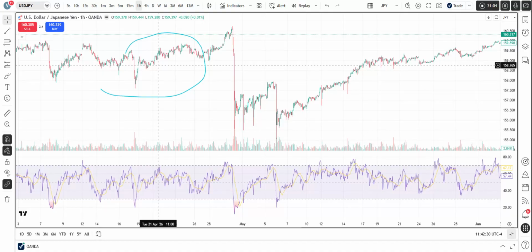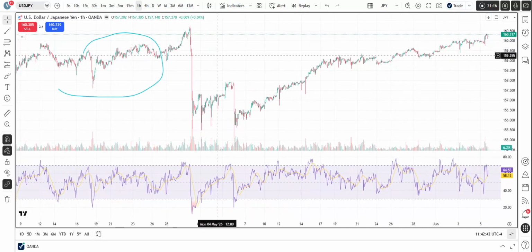But yeah, that's how. Sometimes you got to go down to the 5 minutes just to make sure. What happens is the market starts to turn slow.